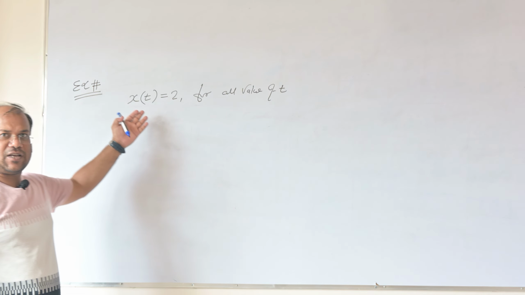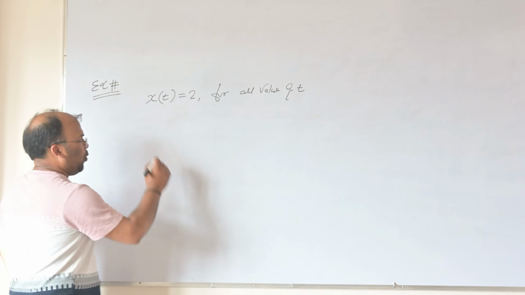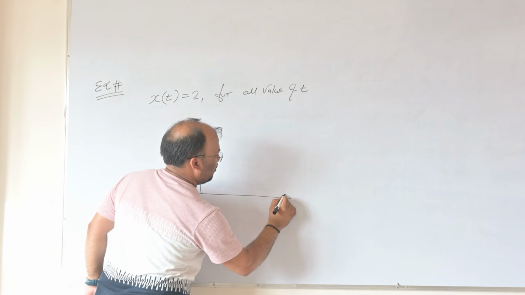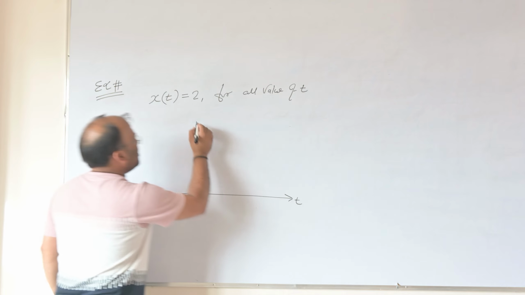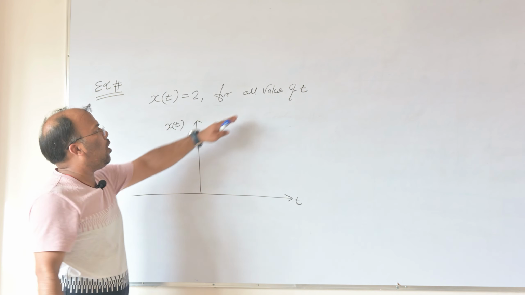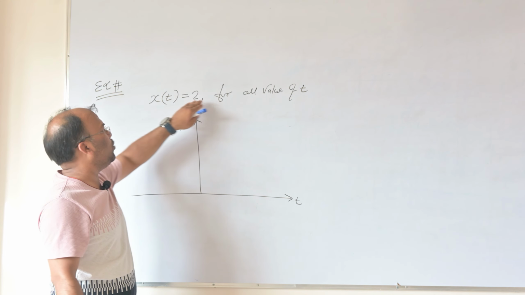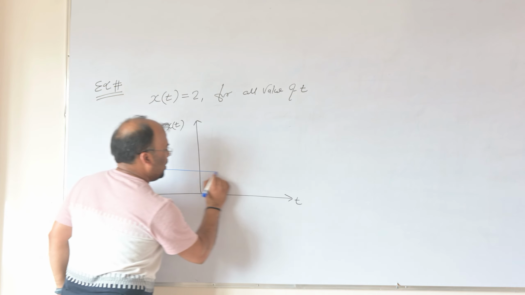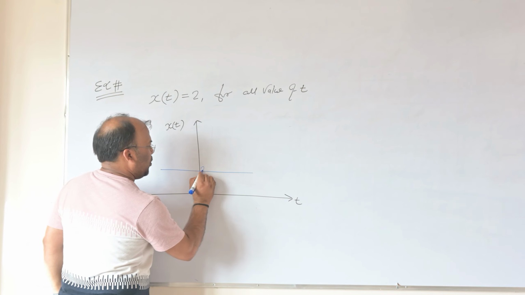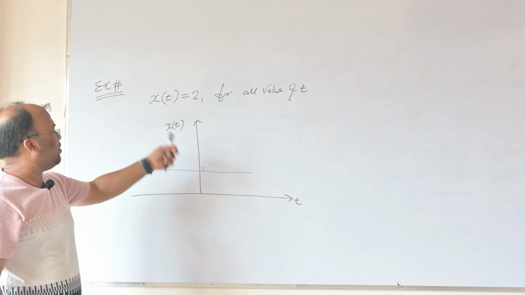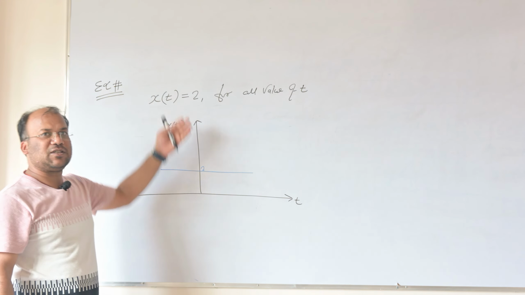So this is the continuous time signal, and to plot the signal, this is the time axis, this is the signal. So for all values of t, its amplitude is 2. So for the positive value and the negative value, this amplitude is 2. So we are going to sketch a continuous time signal.